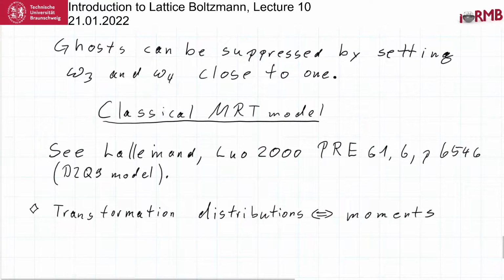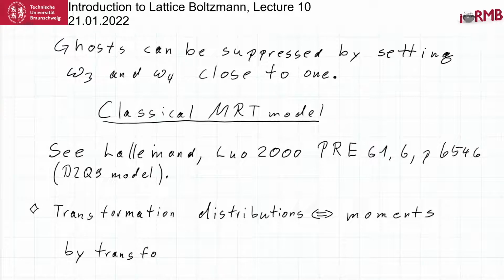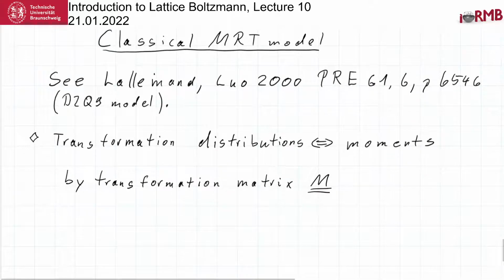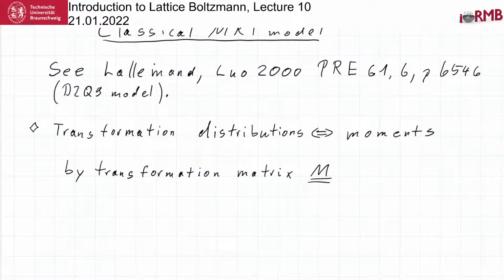Okay, so how do we do this transformation in this method? We do this transformation by using a matrix. I'm not going to write down the matrix. You just get the basic idea here.